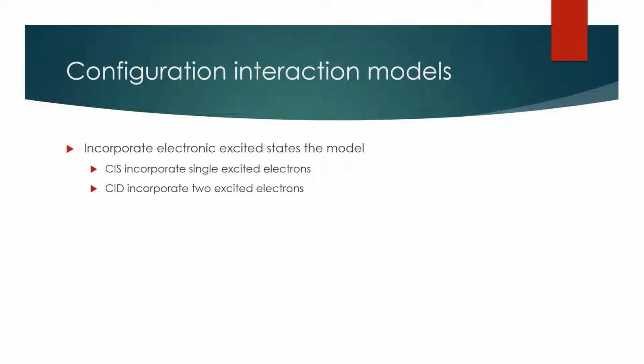And so typically what's done is you go through what's called CIS, which is configuration interaction with single excitations, or CID for double excitations, to talk about promoting either 1 or 2 electrons to their excited states. The single excitation is not good enough. It doesn't actually give any improvement upon Hartree-Fock calculations. The double does and is the most common one that is used.